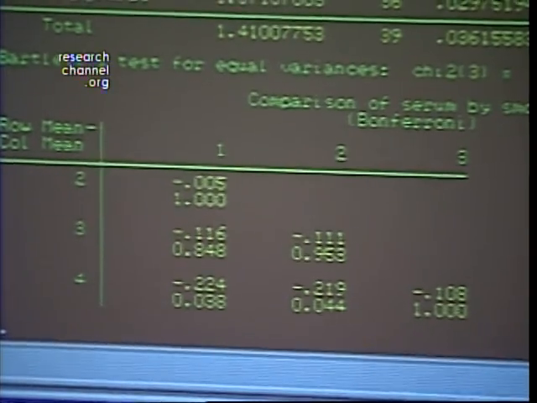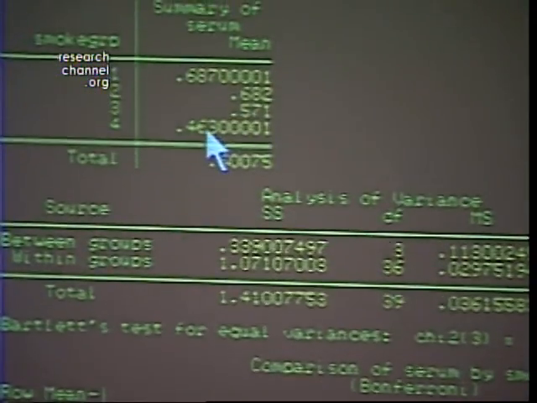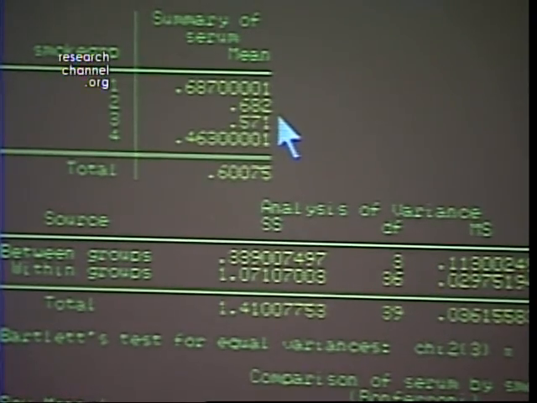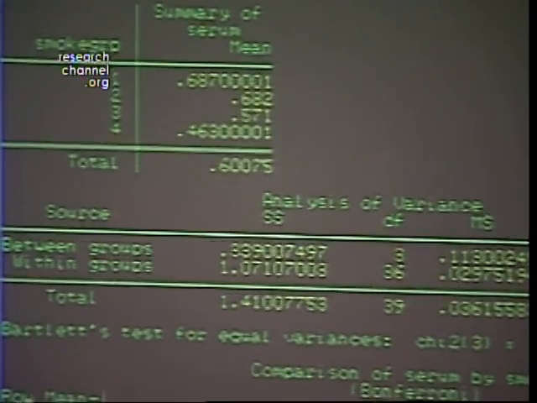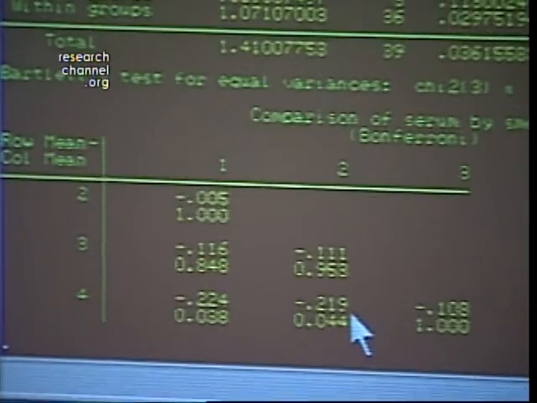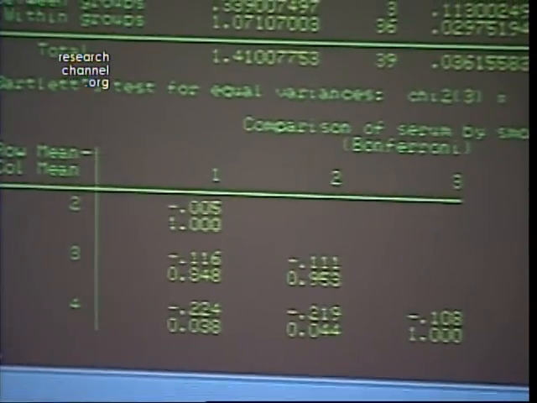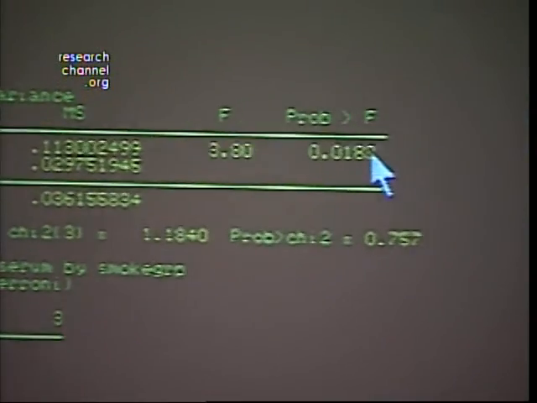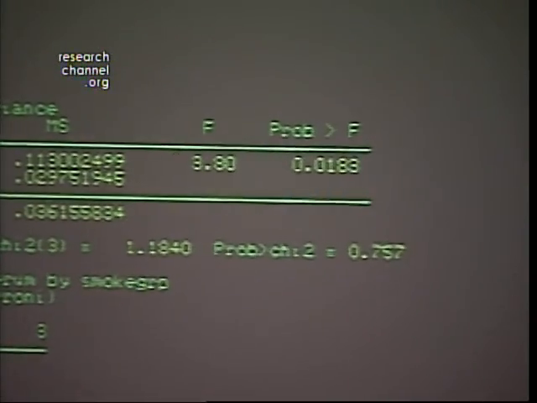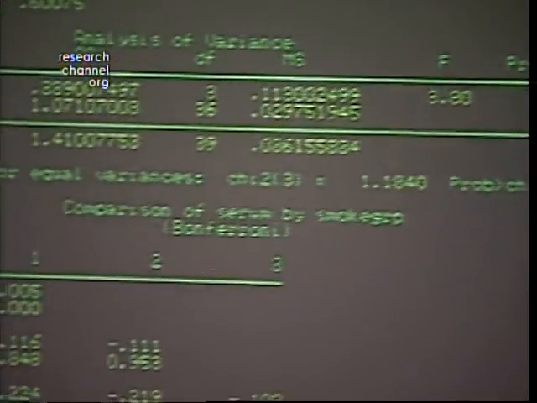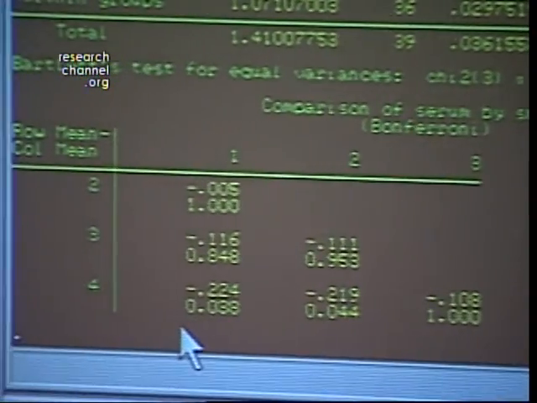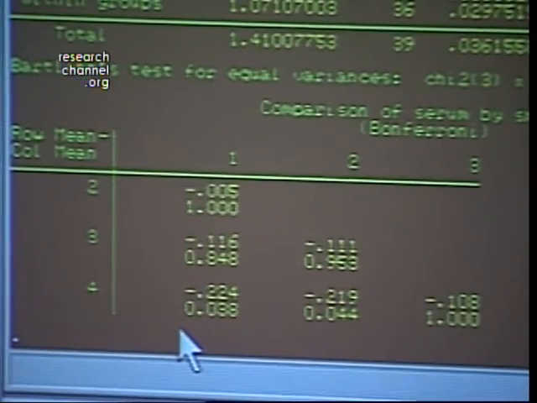So if we compared heavy, 0.463, to the mean for former smokers of 0.682, we'd get a negative 2.19 with a p-value of 0.044. So the global test said reject the hypothesis, conclude that at least one mean is different. The Bonferroni test allowed us to indicate which of the groups had means that were statistically significantly different.